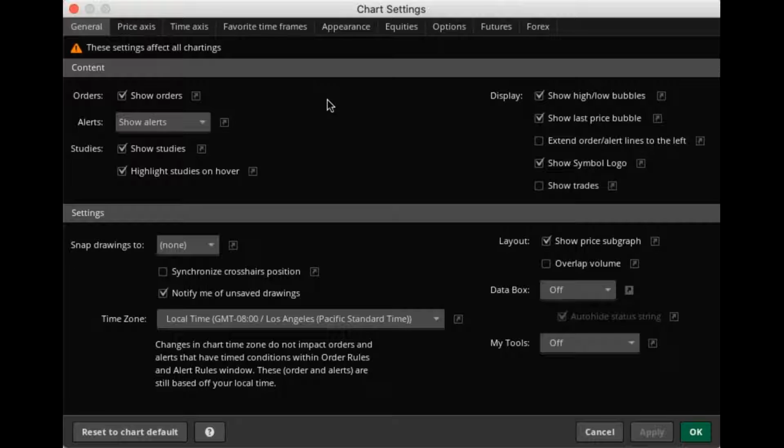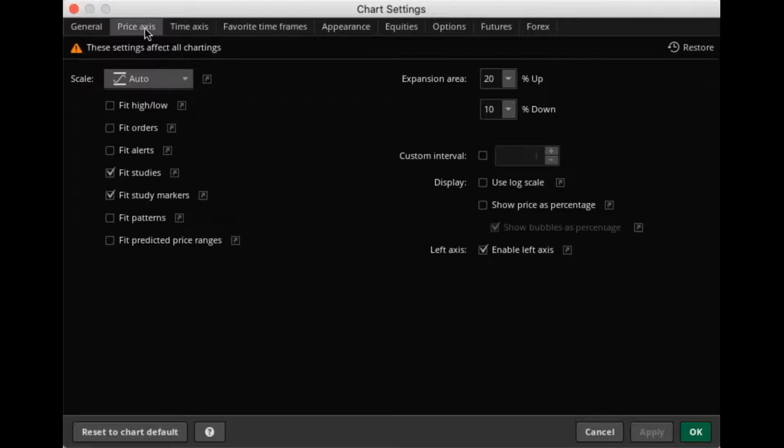Chart settings. So we go to chart settings here, and we go to price axis, and then you want to unclick fit studies and unclick fit study markers. Unclick both of those. And if you want to put your expansion areas 20 up and 10 down, that's fine.